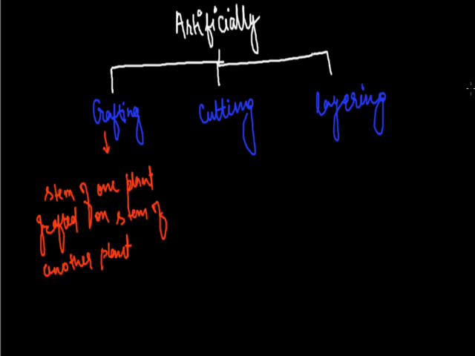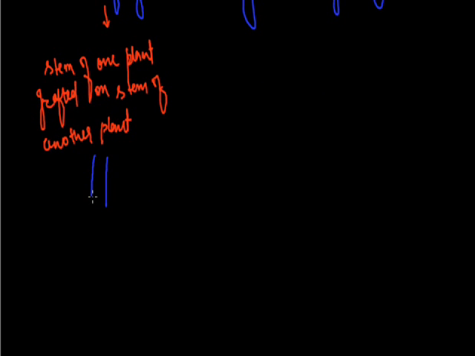We will understand grafting by a diagram. This is the stem of one plant, which is cut in a V shape. Another plant, also called the mother plant, which is already rooted in soil, is also cut in a V shape.